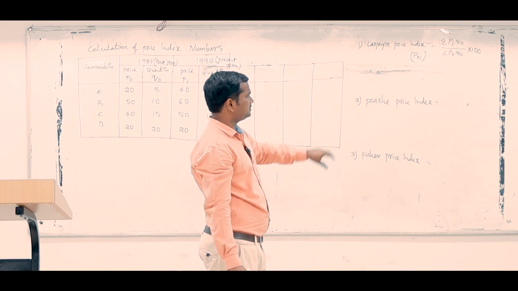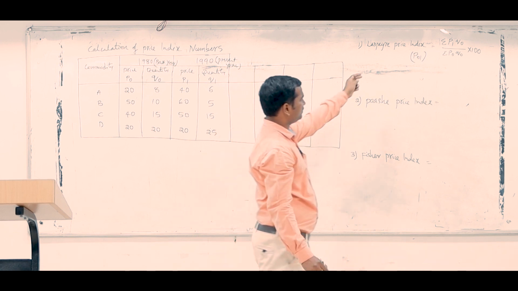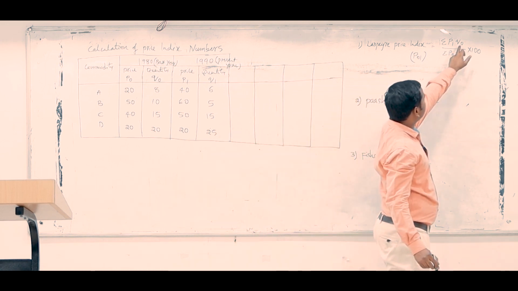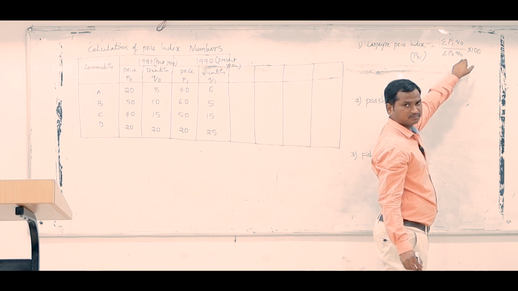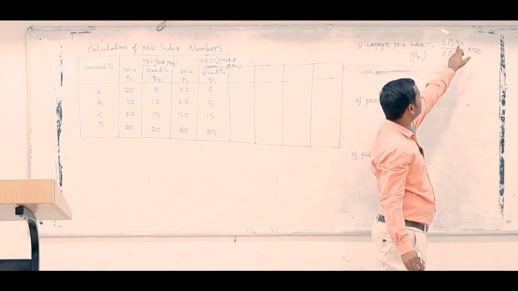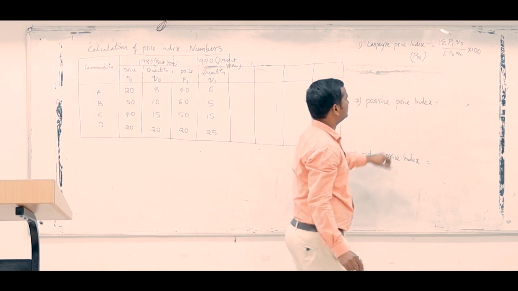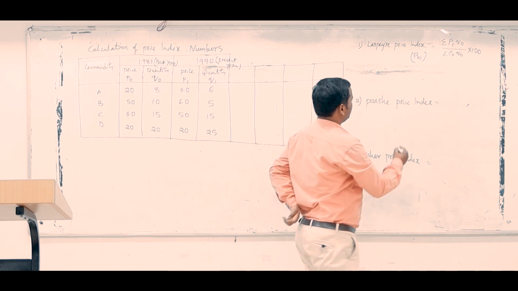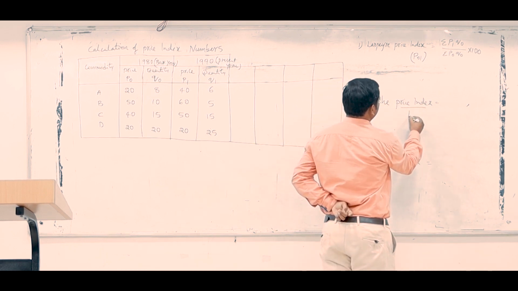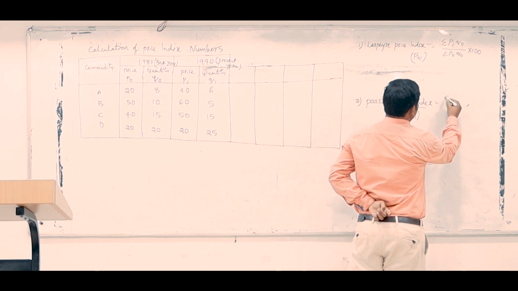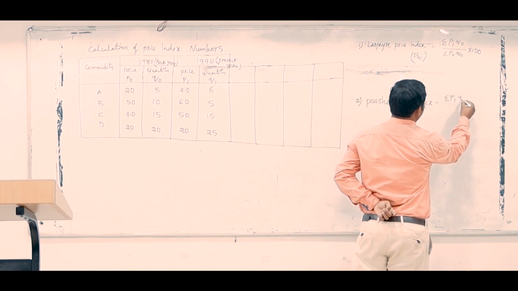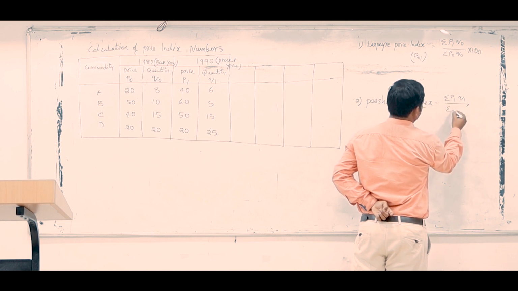In this formula, Laspeyres has taken the base year quantities. But the second person, Paasche, constructed the price index based on the present year quantities.